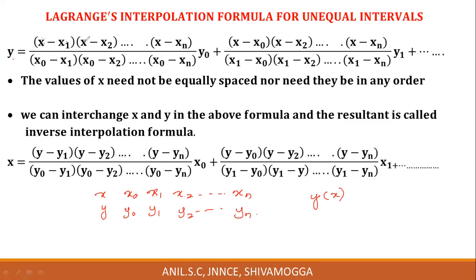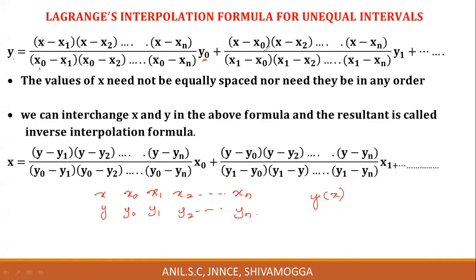And in the first term, x0 appears in the denominator: x0 minus x1, just replace x by x0, x0 minus x2, and so on, x0 minus xn, into y0, plus.